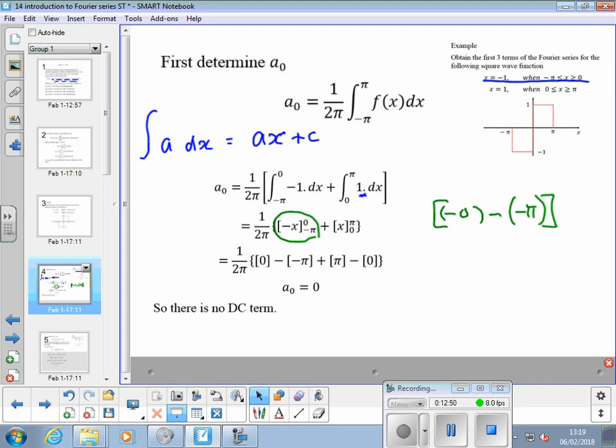Where's that here? Yeah, but you've got minus pi plus pi. What does that make? Put it in your calculator if you're unsure. Yeah, because I know it's minus x, you can't have minus 0. Well, that's effectively minus 0.